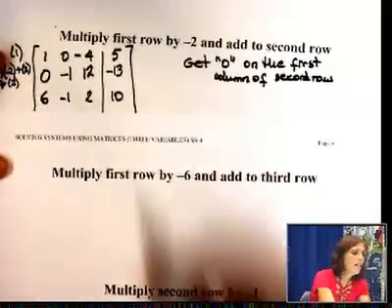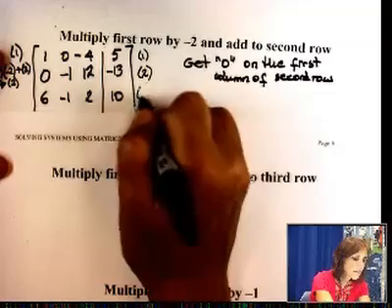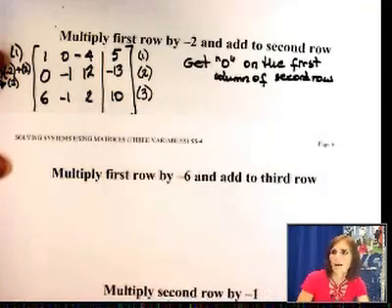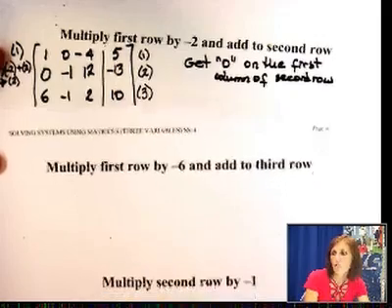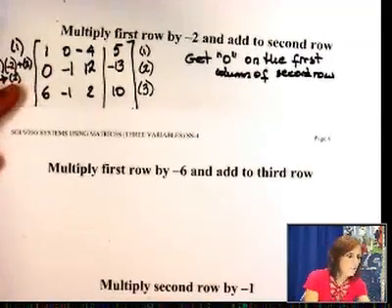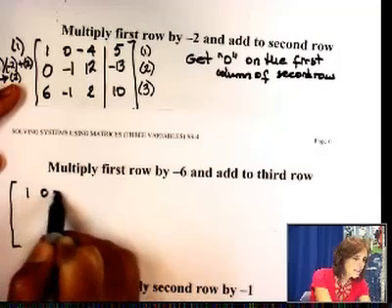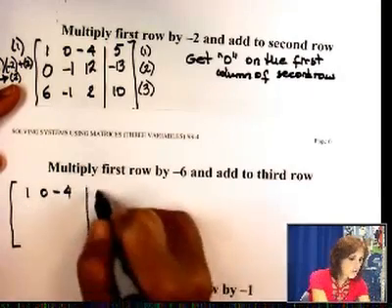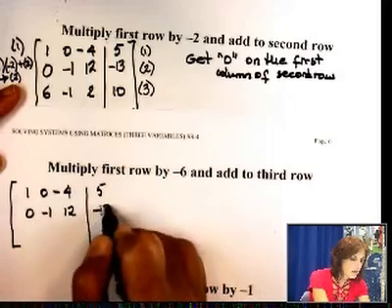Multiply the first row. Now these are the new numbering system. This is number 1, this is number 2, this is number 3. Multiply the first row by -6 and add it to the third row. Does it make sense? So what happens is I have the first one as is. I didn't change. Second one as is. I did not change.